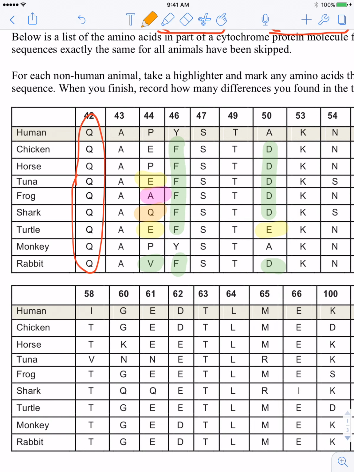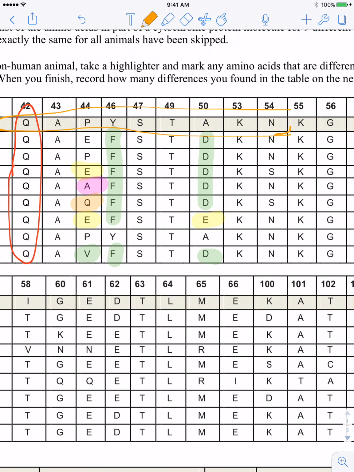And the way we are doing that is by looking at the human sequence of building blocks and comparing differences from the other organisms to us. We're able to tell how closely related we are. So what you are going to do in this exercise is basically hunt for letters that are different from the human.